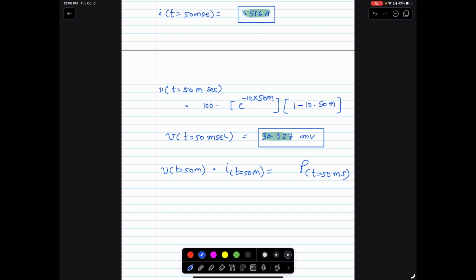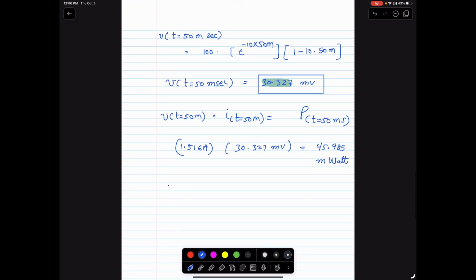So the product of 1.516 amperes, coming from here, and 30.327 millivolts is going to be around 45.985 milliwatt.